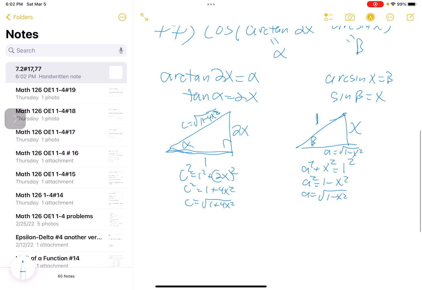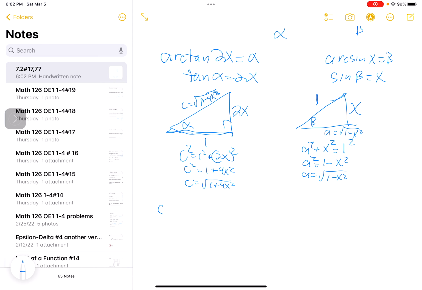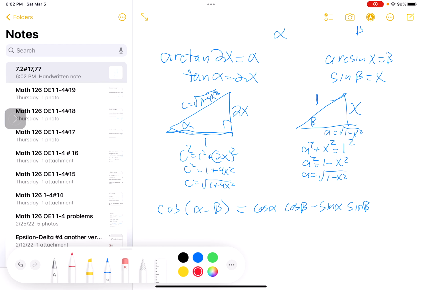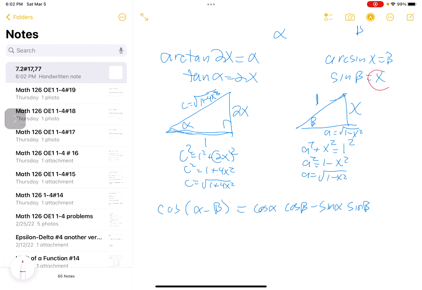Now we can put all this together. Cosine of alpha minus beta is cosine of alpha, cosine of beta, minus sine of alpha, sine of beta. We already know sine of beta is x, because that was given.